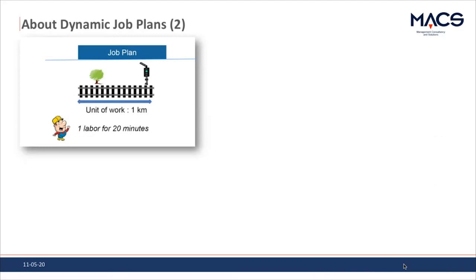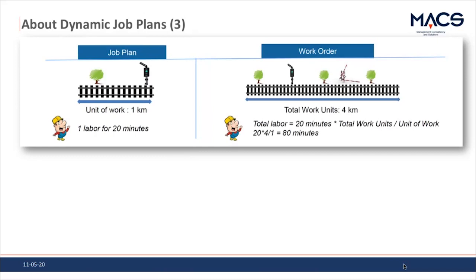To make it a little bit more graphical, I have added this to the presentation. Here is what you see: a static job plan as it has been created for one unit of work, which is 1 kilometer, which needs one labor for 20 minutes of work. But if I go a little bit further, you can see on the work order, you have the possibility with this same dynamic job plan to enlarge the amount of units of work and set it to 4 kilometers.